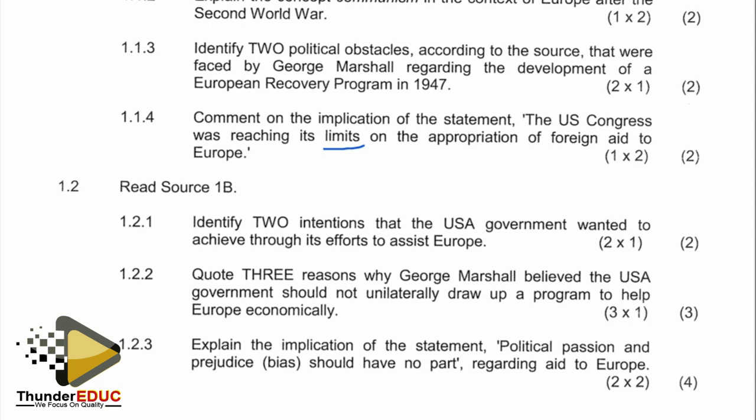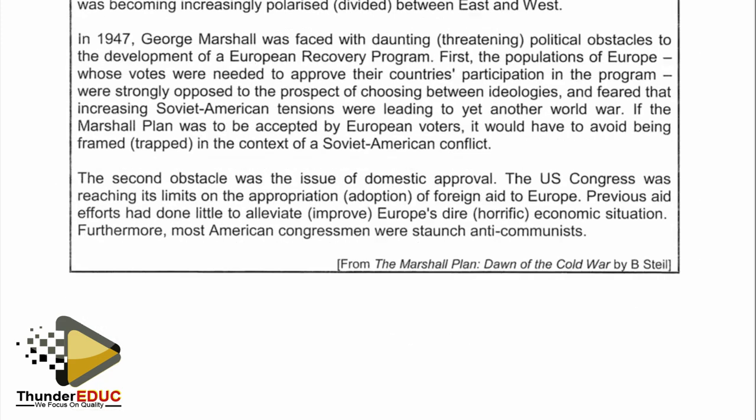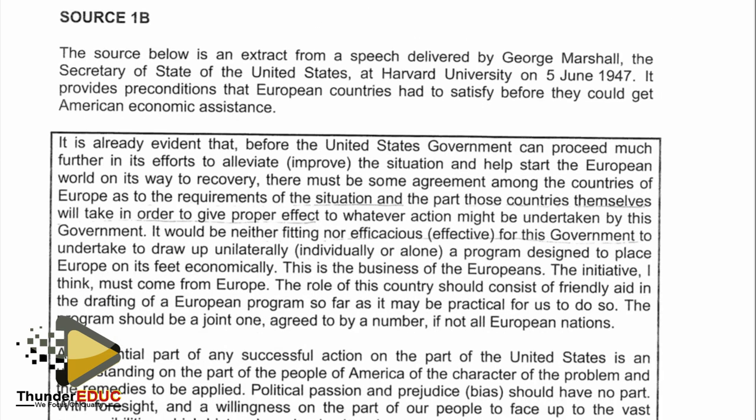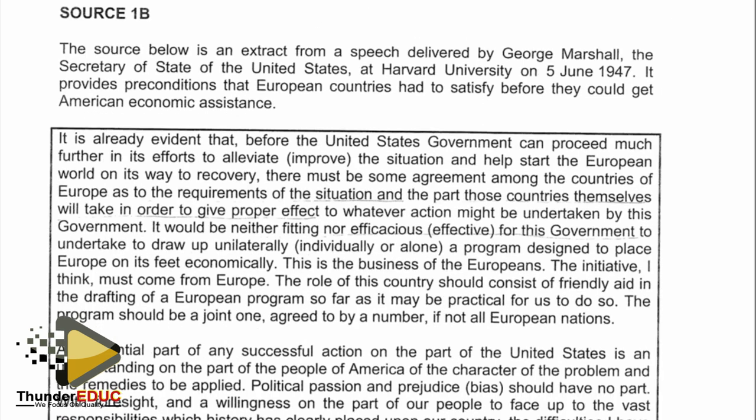Right, we move on to question number 1.2. Read source 1B. We are now referring to our source 1B. Right, our source 1B is based on an extract from a speech delivered by George Marshall, the Secretary of State for the US, at Harvard University on 5 June 1947.